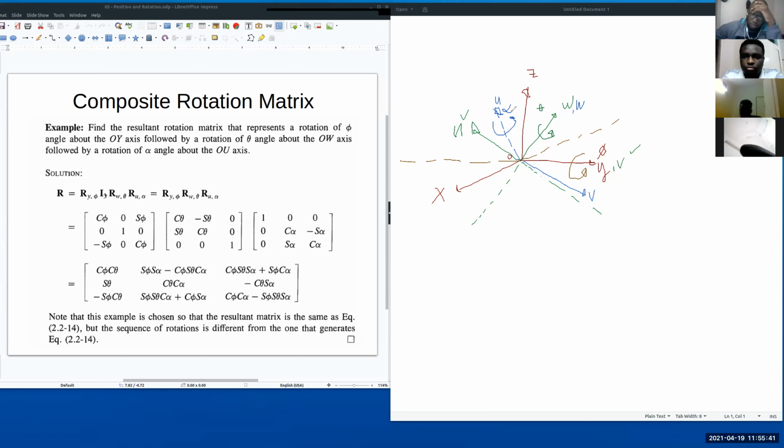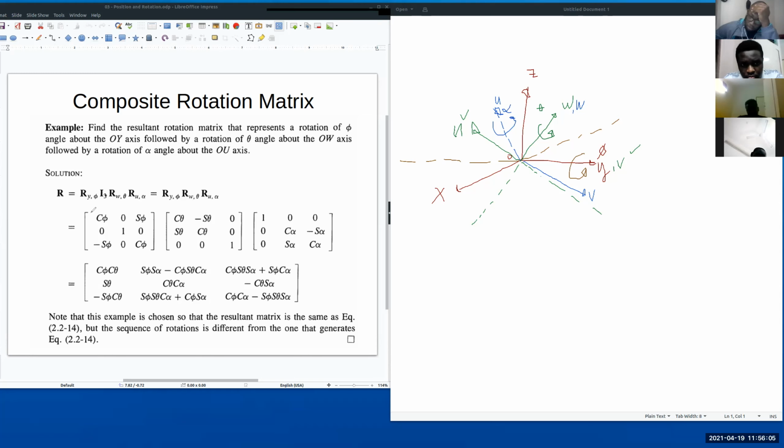Now the convention we're going to use here is that when you rotate from one frame to the next rotated frame, you post-multiply the rotation matrix.